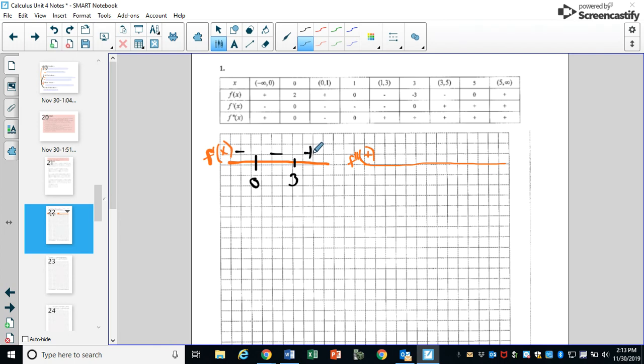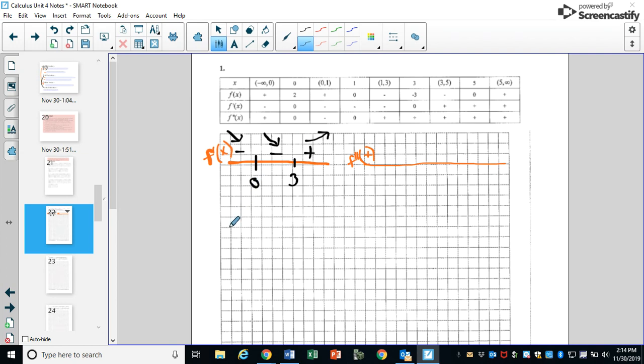Okay, now let's think about what that all means, because we have the negative, 0, positive, but we want to actually give meaning to these. So if the derivative is negative, what does that tell us? That tells us that our function is decreasing. So we're going to draw arrows to show where we have our decreasing and then where we have an increasing interval.